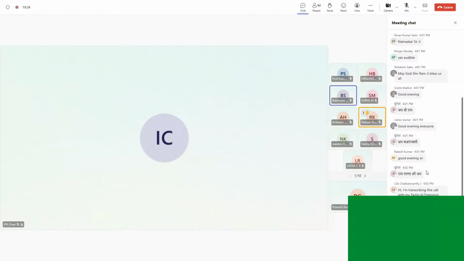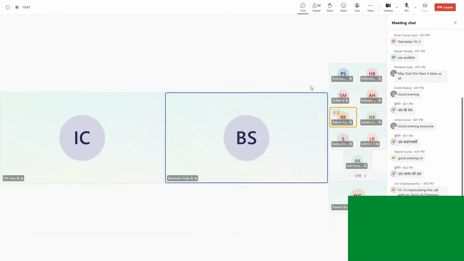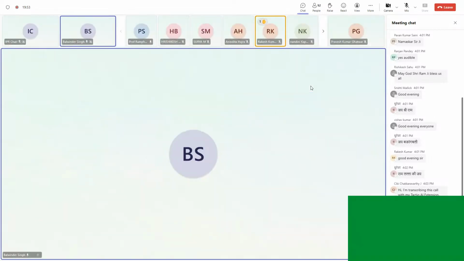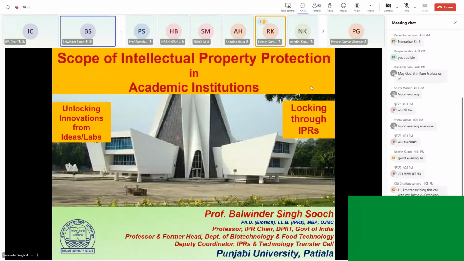Share rights are there, but I don't have this mic. From my side, this is muted. Again muted. This voice is through WhatsApp.